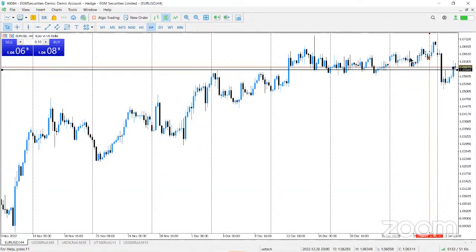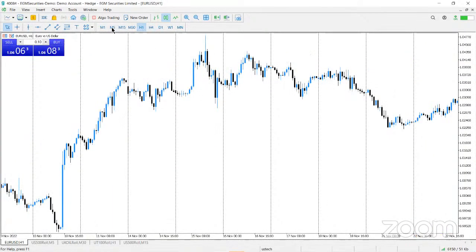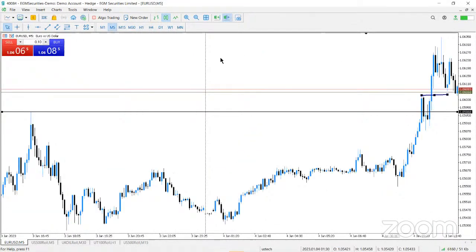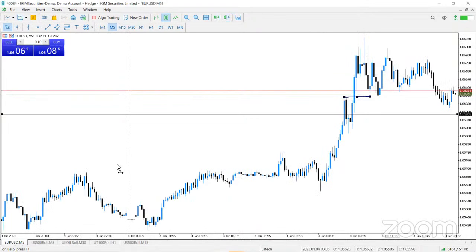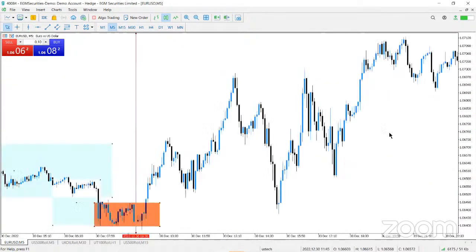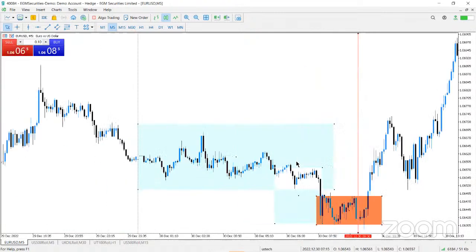So your bias will still have been bullish, probably in a bigger context. But since you are viewing this from a much smaller time frame, it's good to consider other factors when it comes to when exactly you want to enter. For example, time of day.